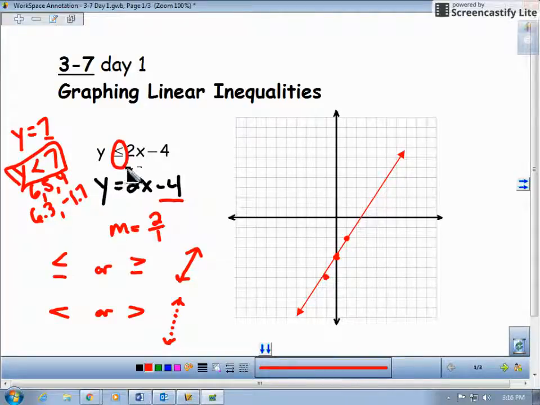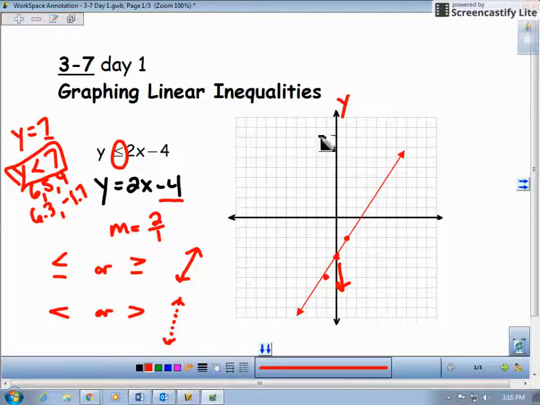So let's think about all of the solutions where y is less than or equal to 2x minus 4. And there's two methods to do this. The real easy method, guys, is this. Since it's solved for y, think about the symbol less than. Look at this line. Where is y less than? Well, in this case, it would be underneath here.